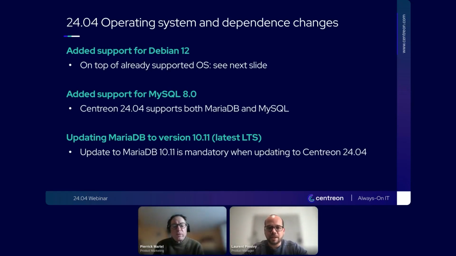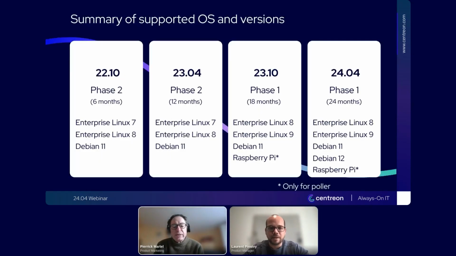Right. I think you have a slide with a summary of all releases and supported versions. Yes. So because 24.4 will be released soon, it means that 22.4 will be end of life. For 22.10, this version is in phase 2, so 6 months before the end of life.